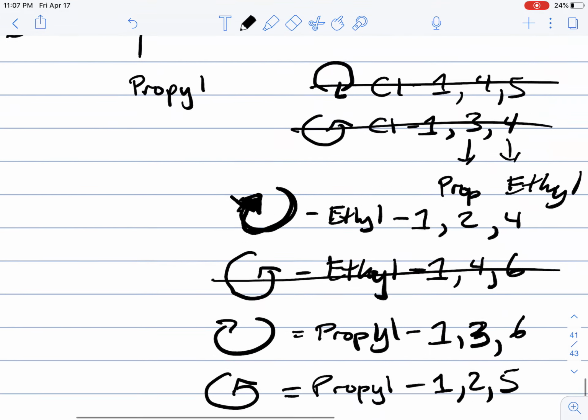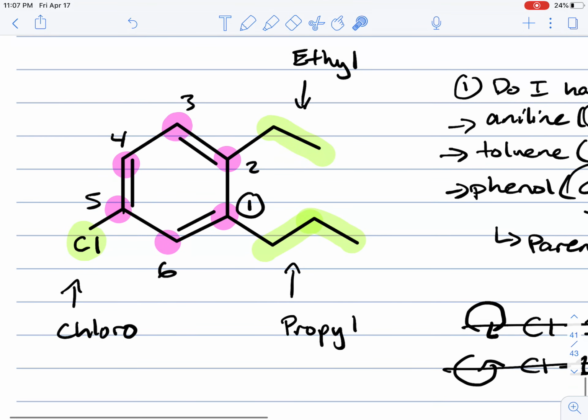So hopefully you guys see that. Here I have ethyl as carbon 2 and chloro as carbon 5, when propyl is carbon number 1, and I'm going counterclockwise.